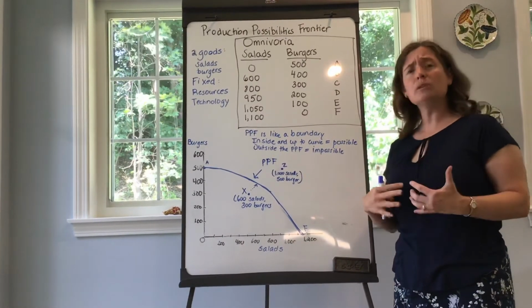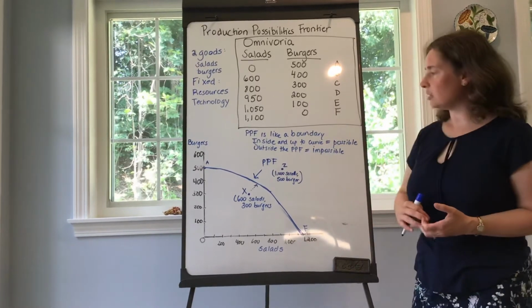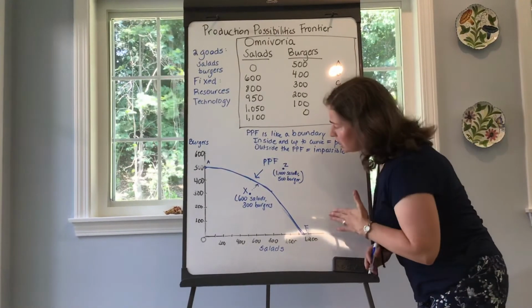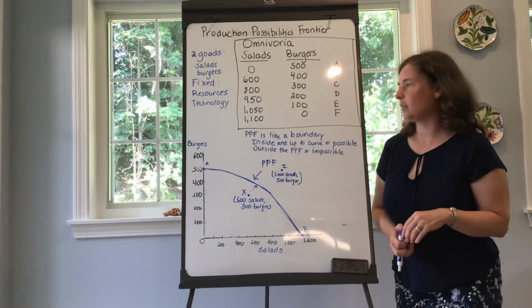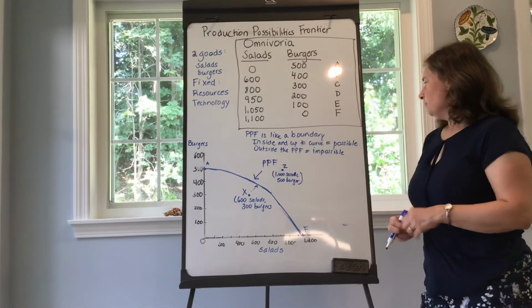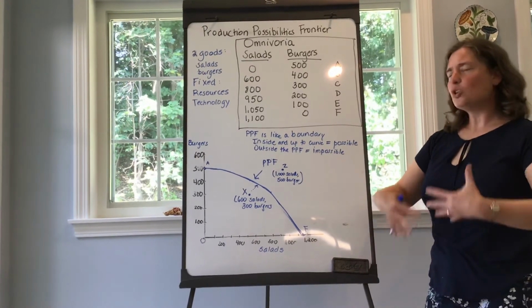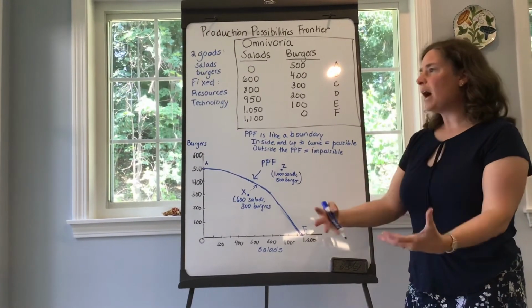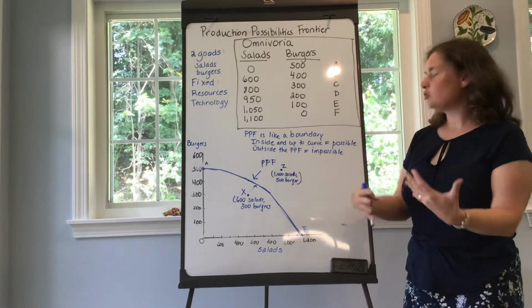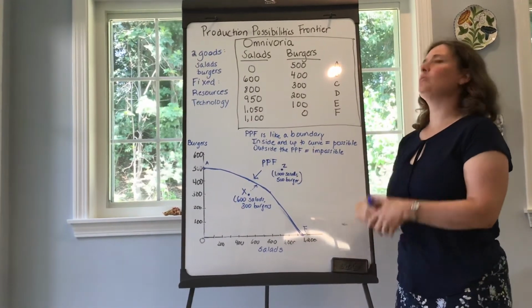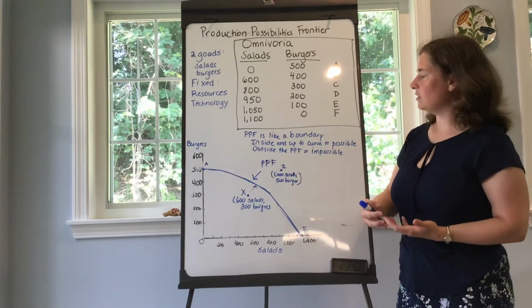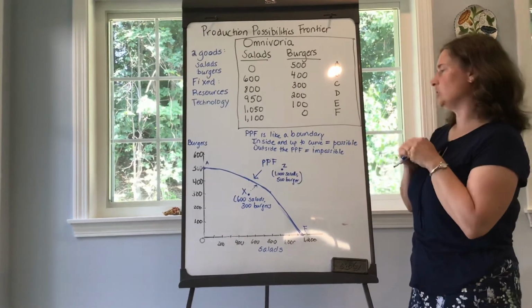It also really reinforces the idea of scarcity for us, right? The frontier is the maximum we can produce given our resources and technology. We have limited resources. In order to produce beyond that and change that required trade-off, we have to acquire more resources or undergo some kind of technological innovation to get more from our resources.